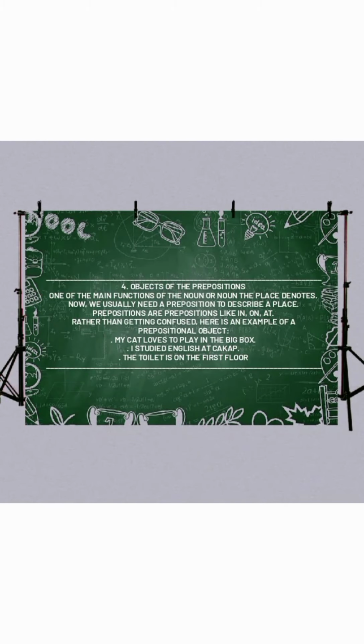Rather than getting confused, here is an example of a preposition object. For the example, my cat loves to play in the big box. I studied English at Kakak. The toilet is on the first floor.